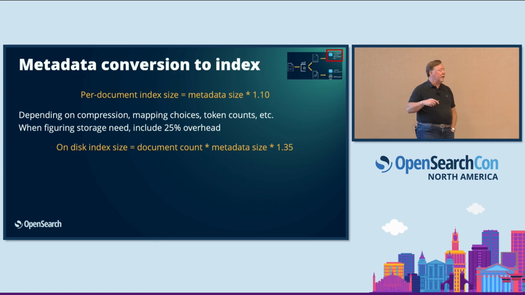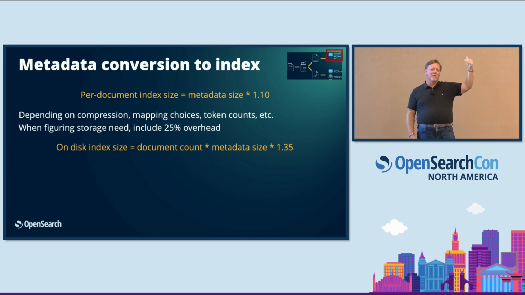When you're figuring it, you also need to include overhead, because OpenSearch is going to degrade the service of the node when it starts to fill up the storage. There are several watermarks. Beyond 85% full, that is, below 15% free space, it will stop allocating shards.